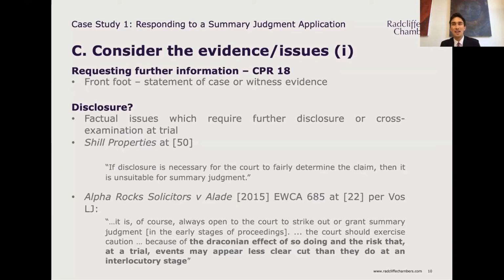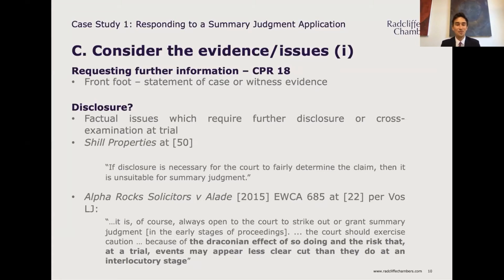And that must be right if we're thinking about compelling reasons for going to trial. If things are not sufficiently clear at the moment to enable the court to make a summary determination, it's only right that disclosure should happen, and then the parties can take stock.